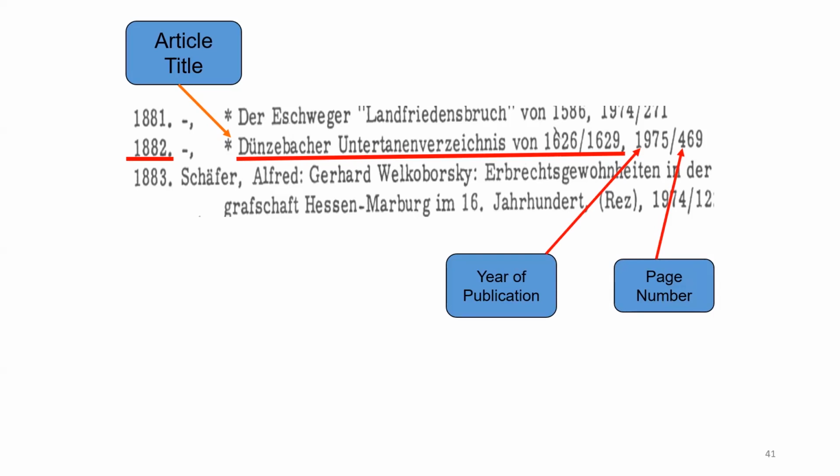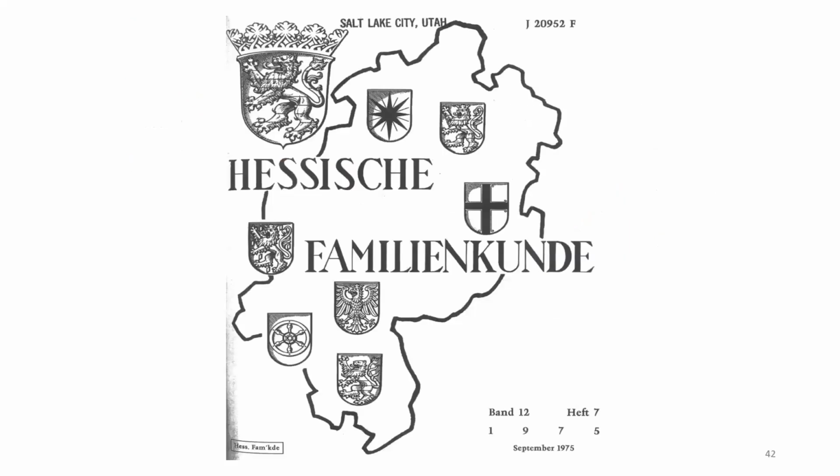Now, if, for example, you had an ancestor that was from the town of Dünzebach, and he was one of the serfs in that town between 1626 and 1629. And you wanted to look at that article, and you went to the Family History Library and you found the periodical, the Hessische Familienkunde, over in the book stacks.